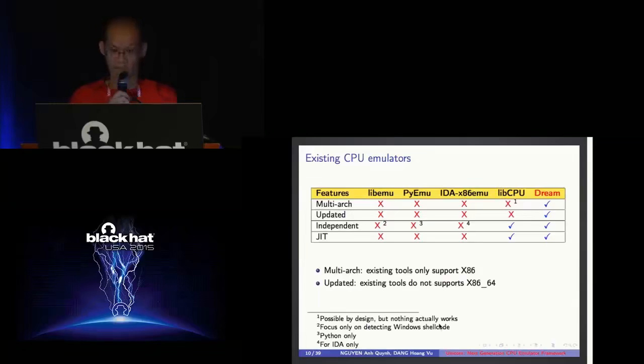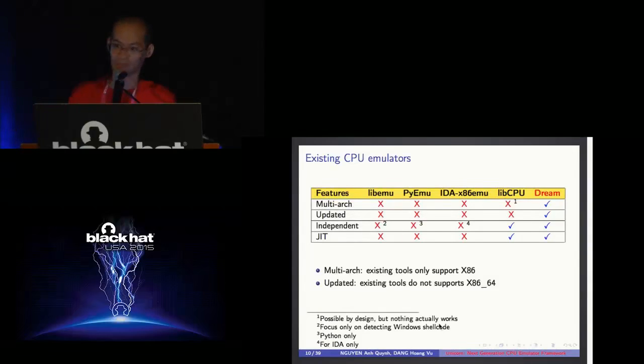Updated: nothing updated. Why? Because no single emulator you can see here supports Intel 64-bit, which is a very common and very important architecture now, right? Independent: libemu is built to detect Windows shellcode, so it sticks with Windows only. pyemu is built in Python, which means you need to write your code in Python, so it's not really independent.